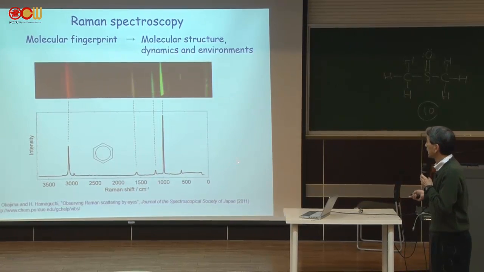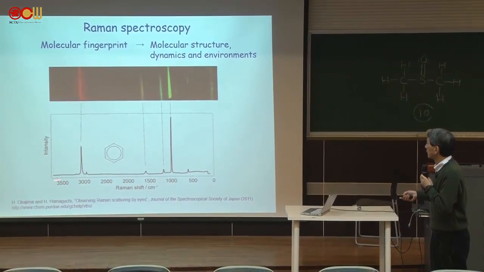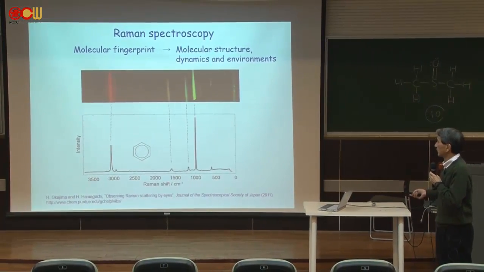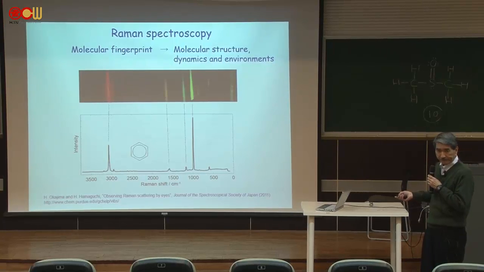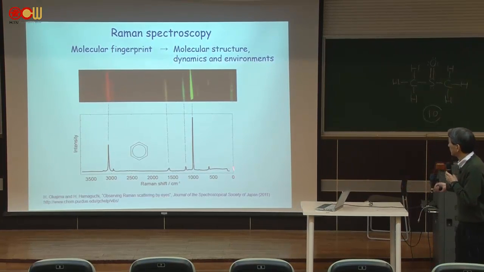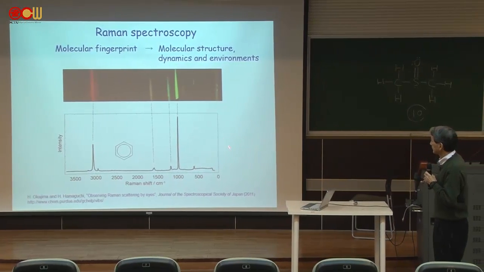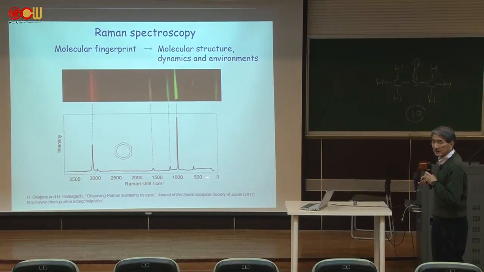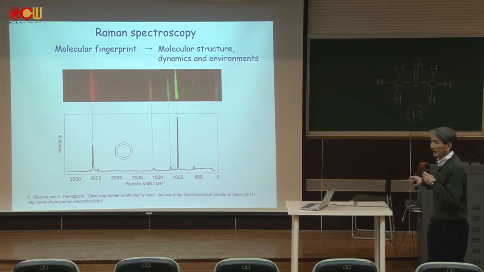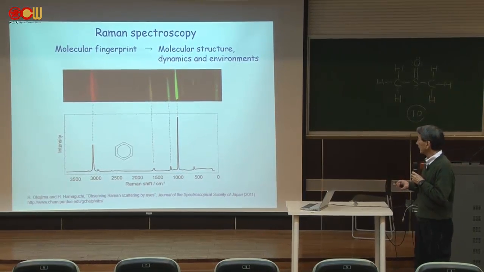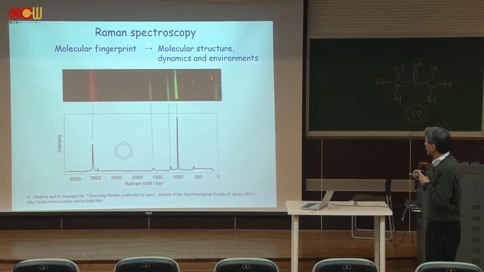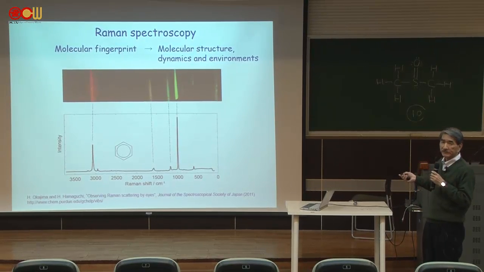So here we are plotting. Here we are using wave numbers for the unit. And this 0 is the position where the original laser line is. And it's not wavelength, but a wave number. So the scale is a little different. And here we have the Rayleigh scattering with a shift of 0.